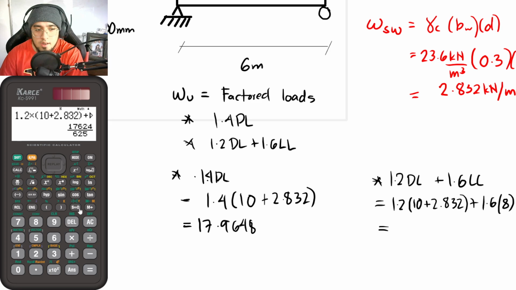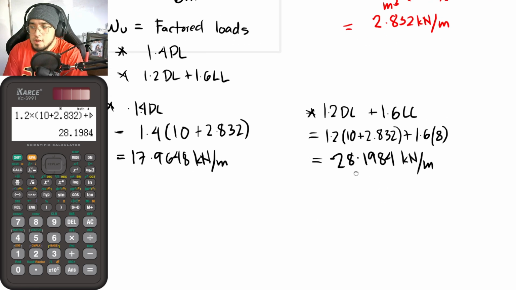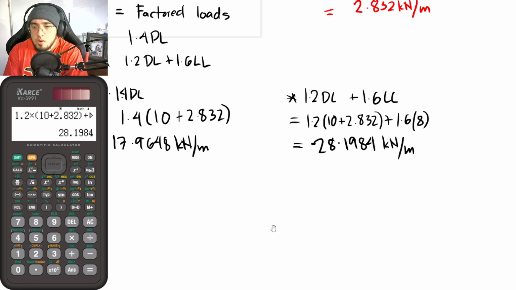Our answer here is equal to 28.1984 kilonewtons per meter. Okay, so considering both of these, guys, of course, the greater one will govern.